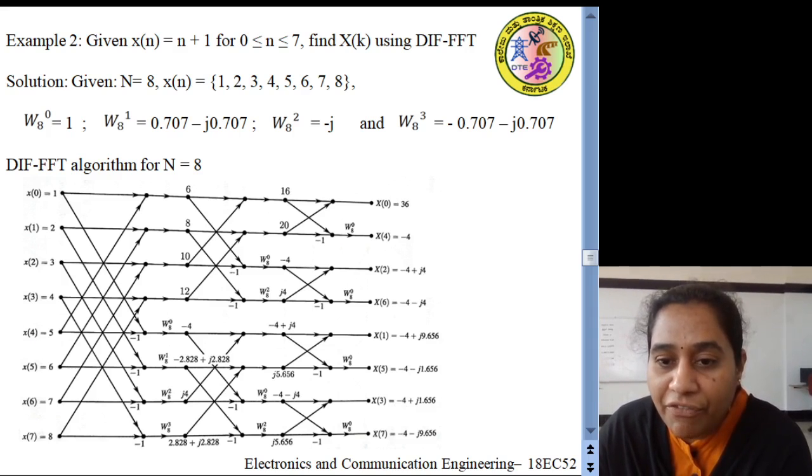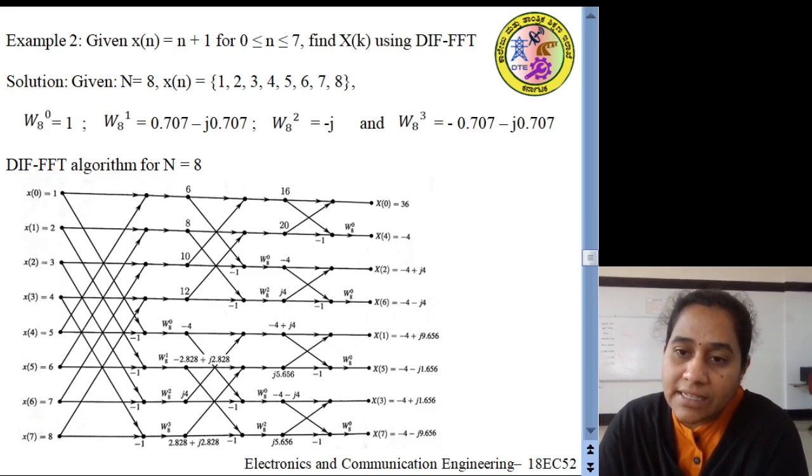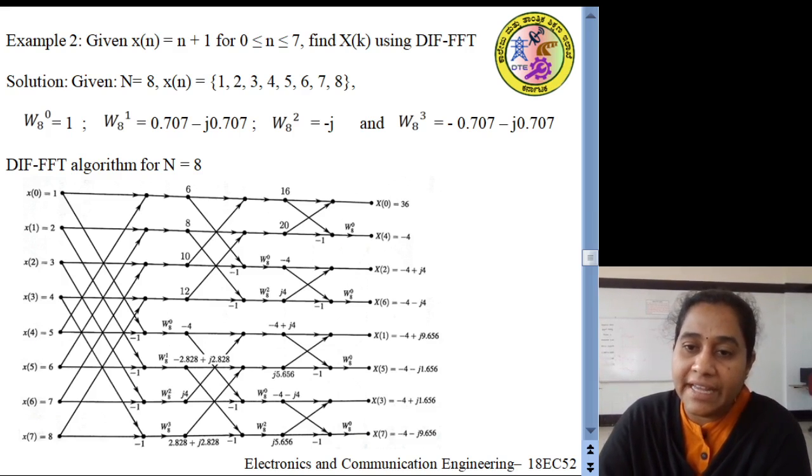So after finding the second stage of computation, we obtain the outputs as 16, 20, minus 4, j4, minus 4 plus j4, j5.656, minus 4 minus j4, j5.656.